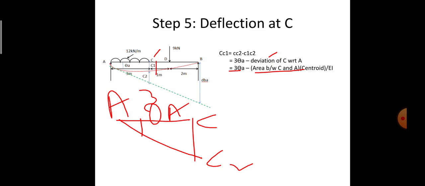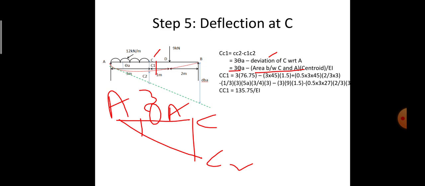Then we multiply these with the individual centroidal distances with reference to point A. If I substitute the values, I get CC1 as 135.75 divided by EI. So this is the value of deflection at point C.